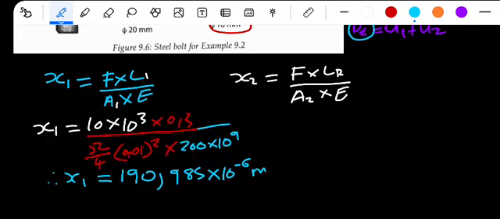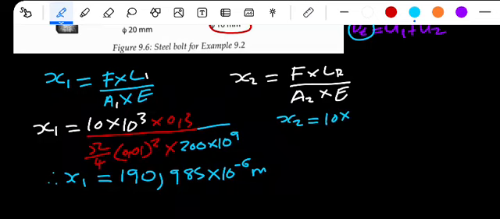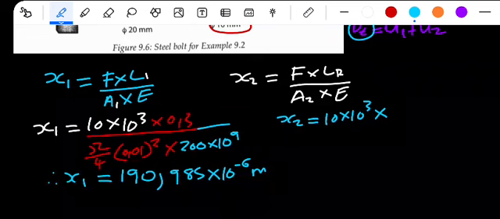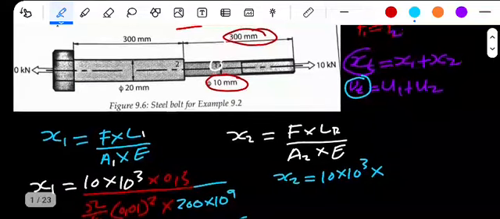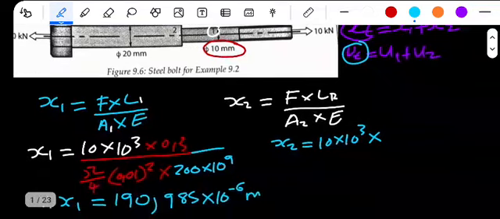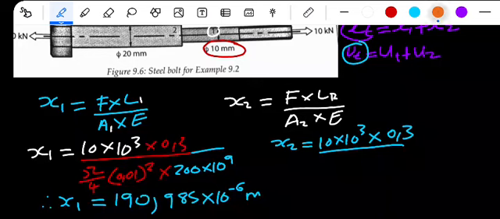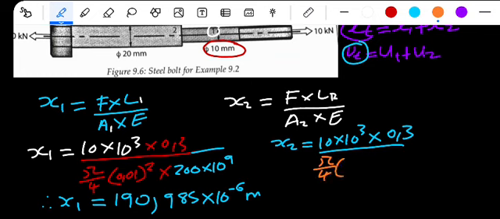So let's find extension 2. The force is the same, times 10 to the power of 3. The length also is 300, the same as 0.3, so multiply by 0.3, divided by the area, pi over 4, then the diameter for the second portion is 20, the same as 0.02.